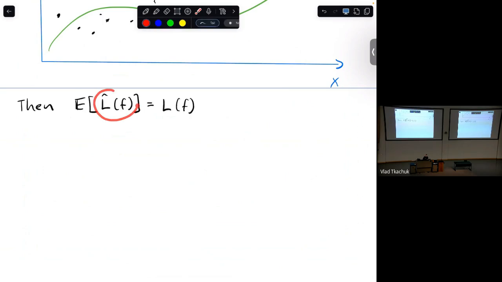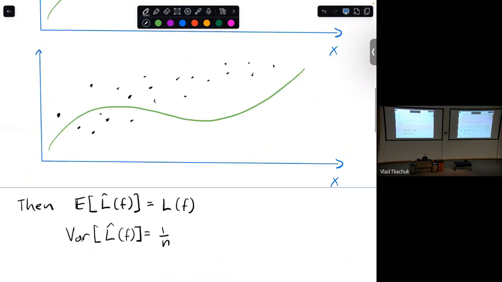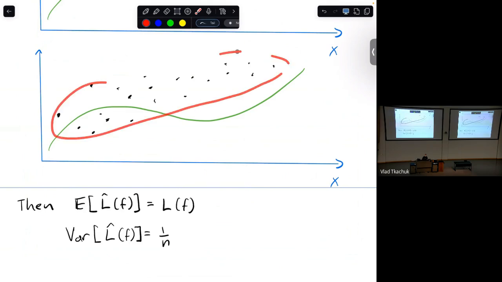This was just expanding this out and noticing that it's a sample mean, and that everything is independent and identically distributed since f, your function, is fixed and you're only talking about that single f. And we also saw the property that the variance of L hat of f decays as 1 over n. So as you get more and more data, you get a better and better estimate of how this function actually fits to new data.